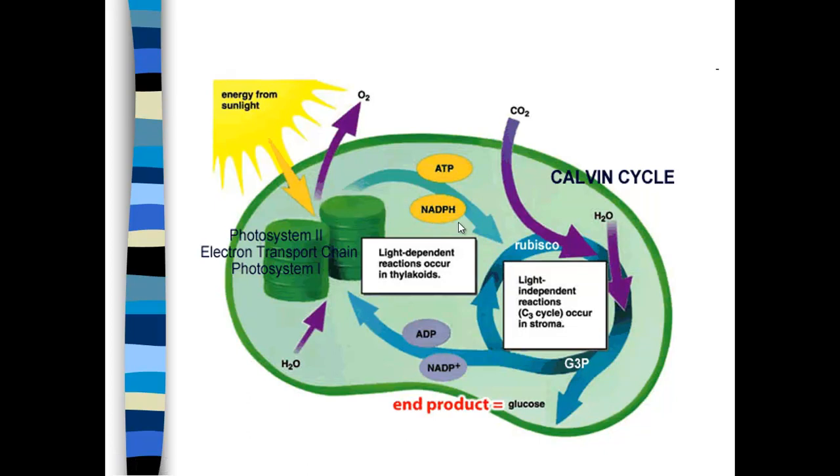Then this goes to light-independent reactions, which occur during sunlight and darkness, called the Calvin cycle. In the Calvin cycle, carbon dioxide is taken up along with additional water. This makes G3P, which is glyceraldehyde 3-phosphate, which is converted further to glucose.